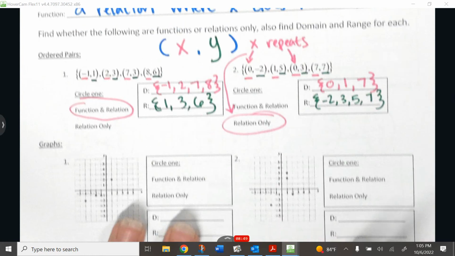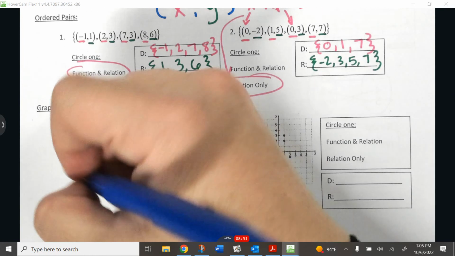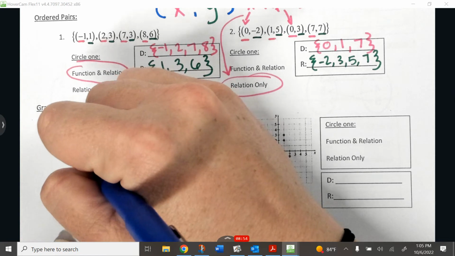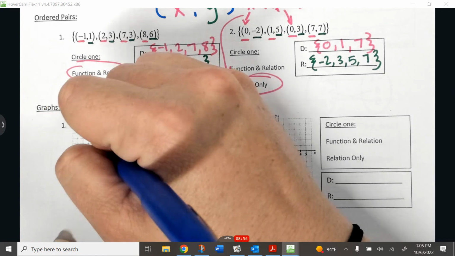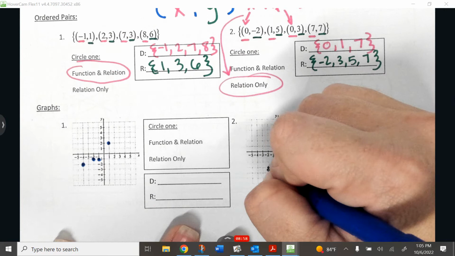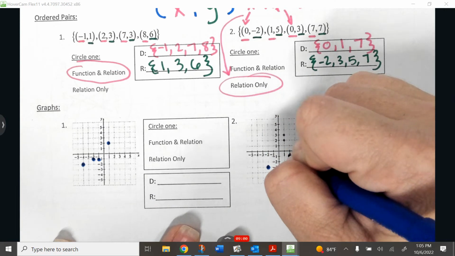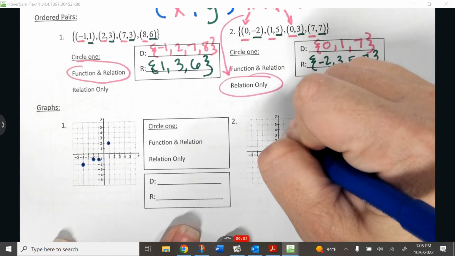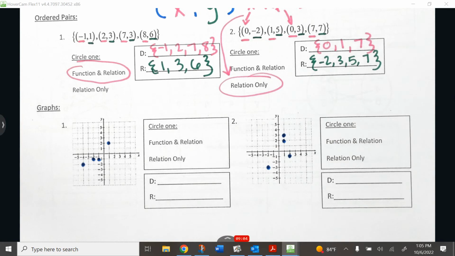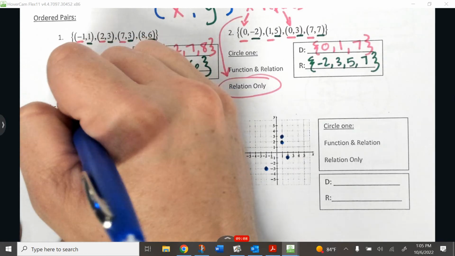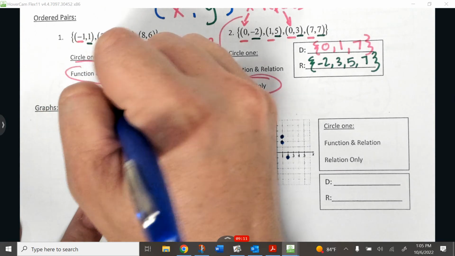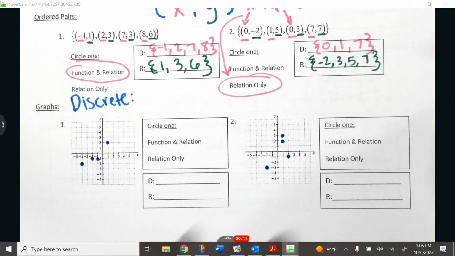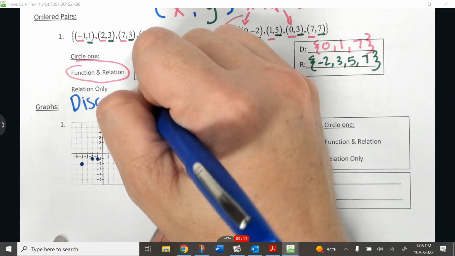Okay, so now we're going to look at graphs. I'm going to make my points a little bolder. Okay, so these kind of graphs are discrete graphs. And the reason we remember that is because there's dots only.